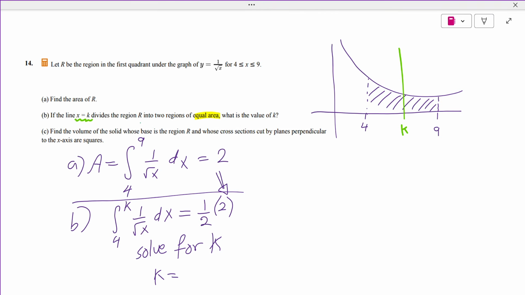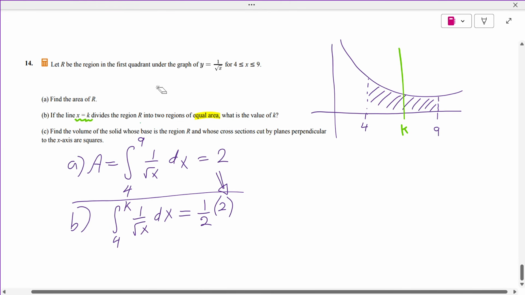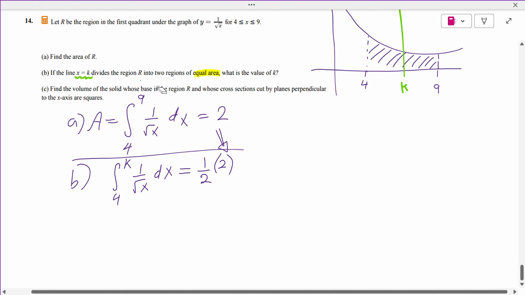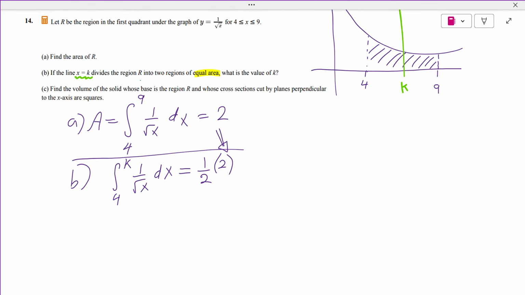Is it a calculator question actually? Well, let's do it manually. It doesn't hurt, right? So to do it manually, the integral from 4 to K of x to the power of negative half dx equals half times 2, which is 1.